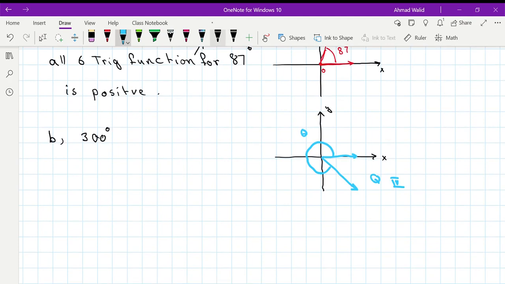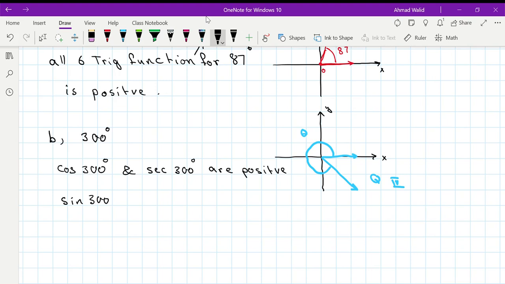You can write as an answer: cosine of 300 degree and secant of 300 degrees are positive; sine of 300, tangent of 300, cosecant of 300, and cotangent of 300 degree are negative, or you can say in English language, the rest is negative, correct? Which way you want to write? Correct? The rest is negative.